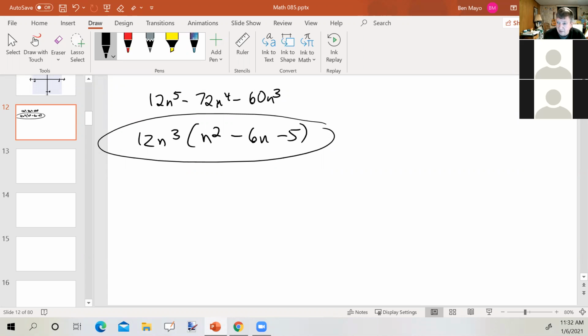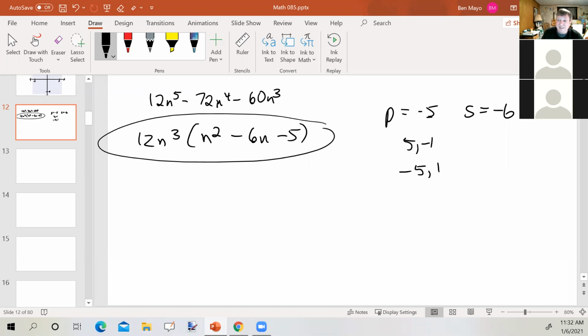There's no greatest common factor. We already took that out. So the product would be -5 and the sum would be -6. Well, to get a negative product, we'd have to have a positive and a negative. So we could have 5 and -1 or -5 and 1. I think those are the only two possibilities, but neither one of those gives us a sum of -6.